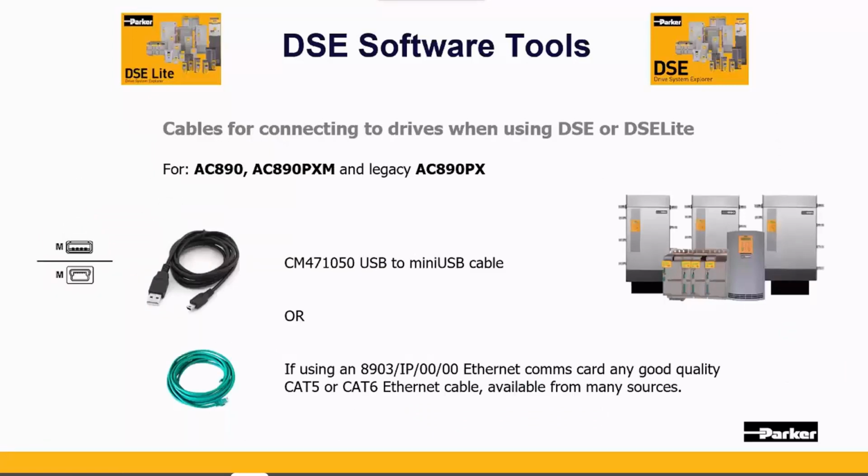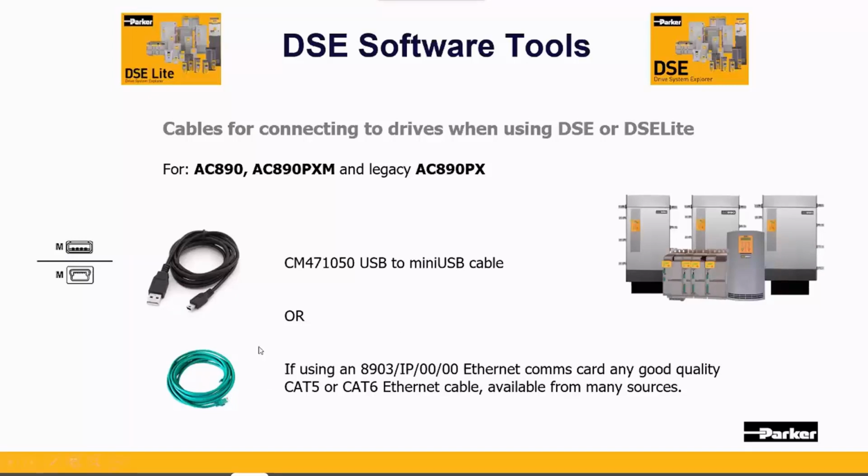If you have an AC890 series product, the standard programming port is mini USB, and this mini USB cable part number can be ordered from us. You can get similar mini USB cables elsewhere too, but we do sell this one. Or if you've installed an option card for Ethernet on your 890, you can program it over Ethernet, and you just get a commercially available Cat5 or Cat6 Ethernet cable.